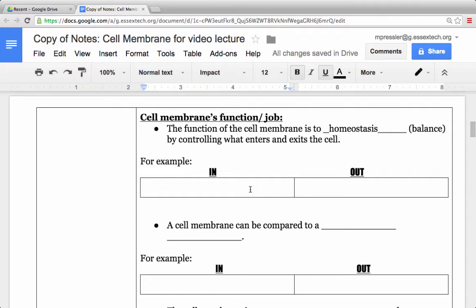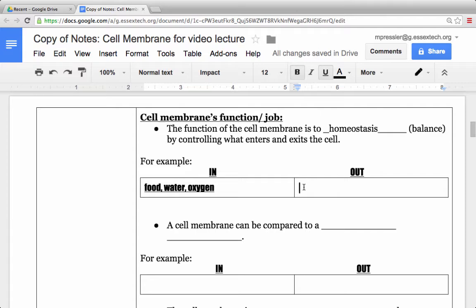So what might the cell want to go in? Well, the cell might want food, water, oxygen. These are things that could be going into the cell that the cell may need. What might the cell want to go out?